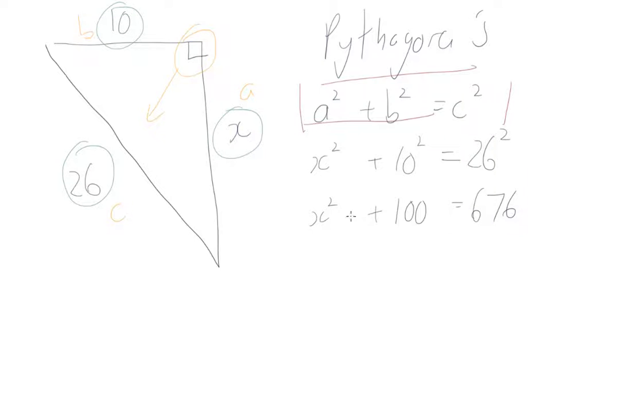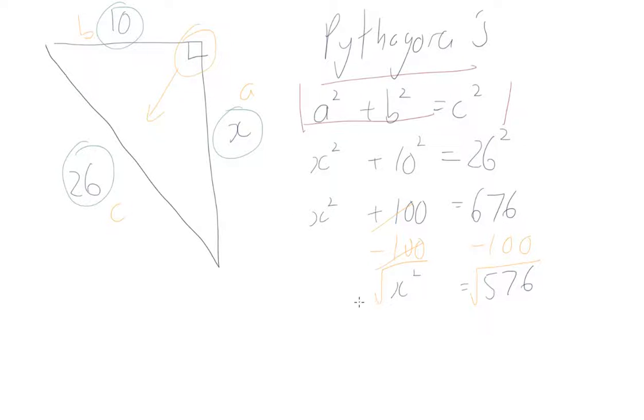From here, I've got x squared plus 100 is 676. I'm going to subtract 100 from both sides. They will cancel. And I'll get x squared here is 576.